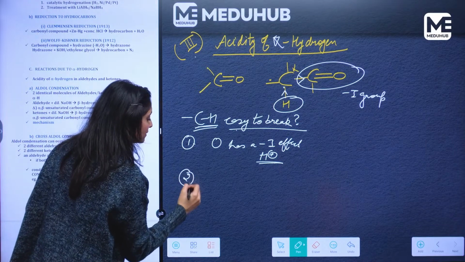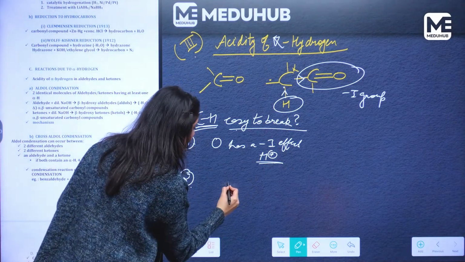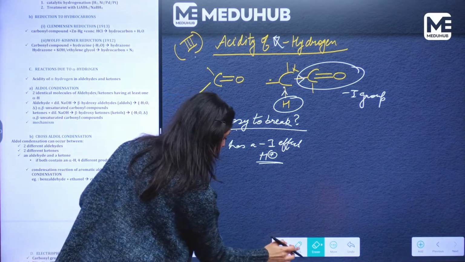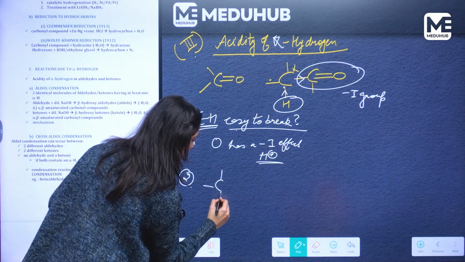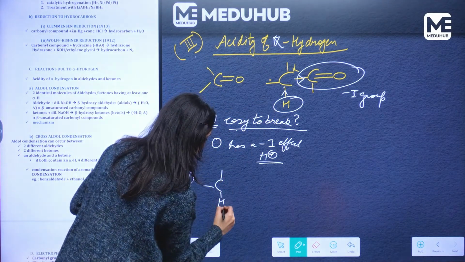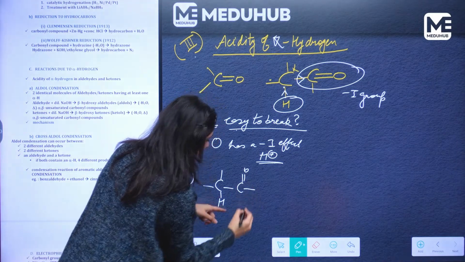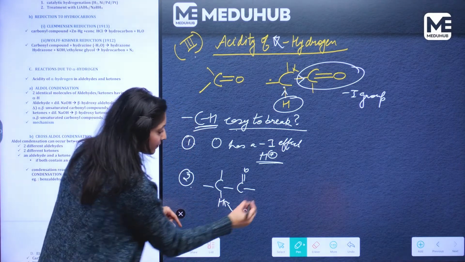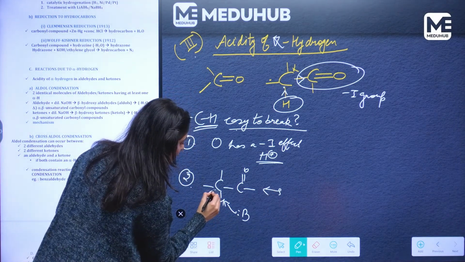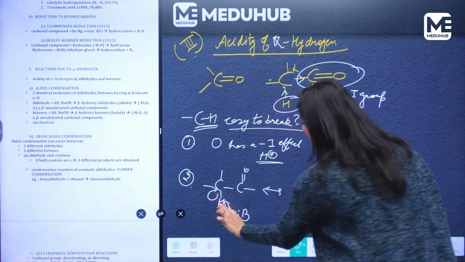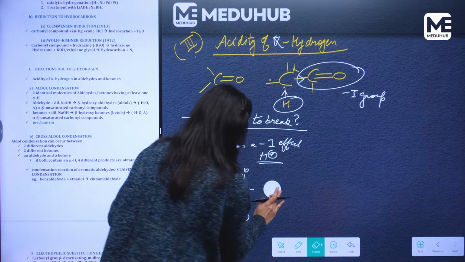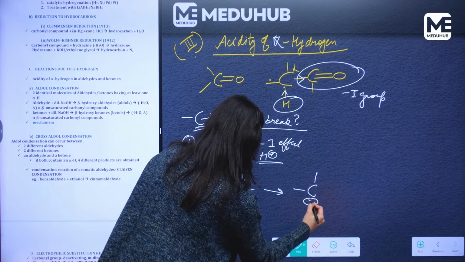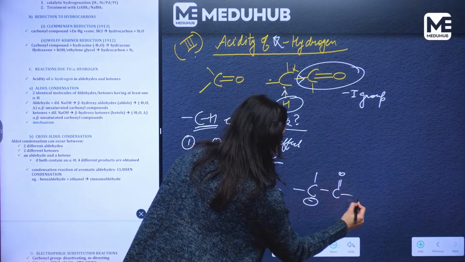The other reason is, if you look at the conjugate base, this is the alpha hydrogen, this is the carbonyl group. Now, if we have a base, this will take away this alpha hydrogen. These two electrons will move to this carbon. Hydrogen will leave as proton, and we will get a conjugate base here.